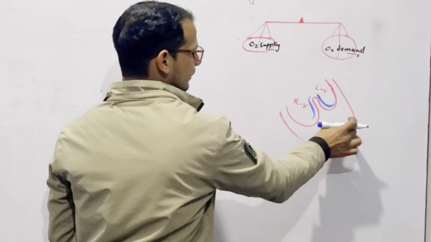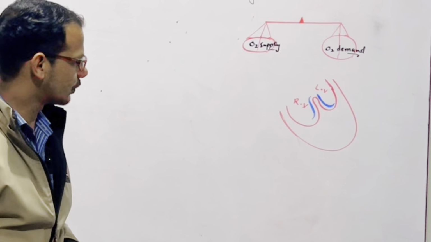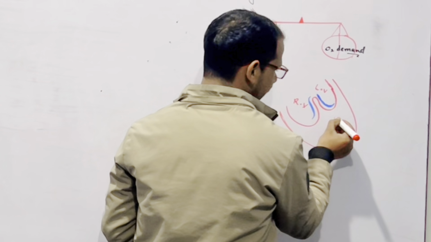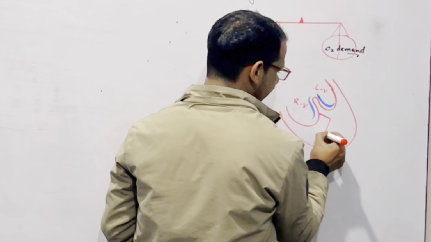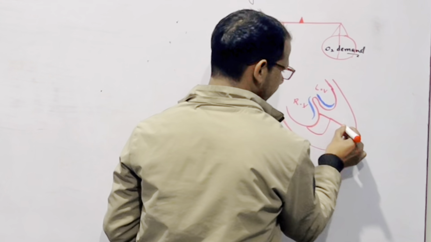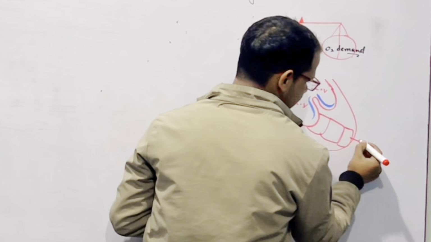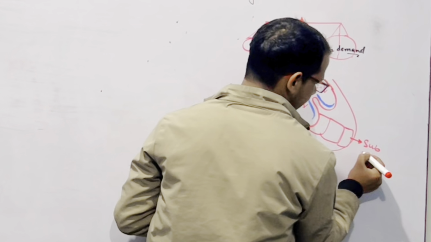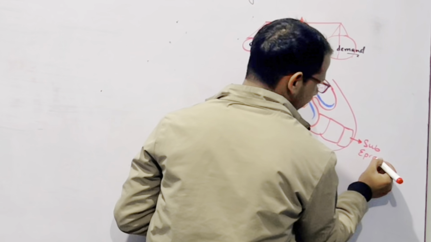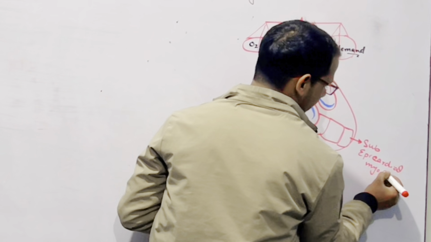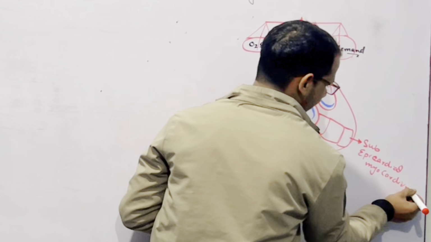This is the myocardium, and as you know from the ECG lecture, the myocardium mainly has three layers. This is called the subepicardial myocardium.